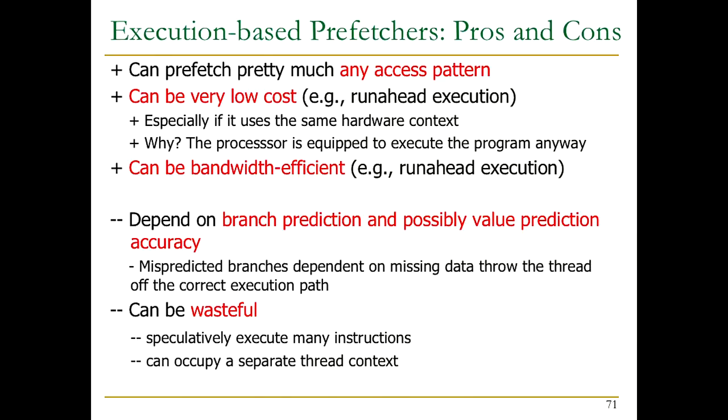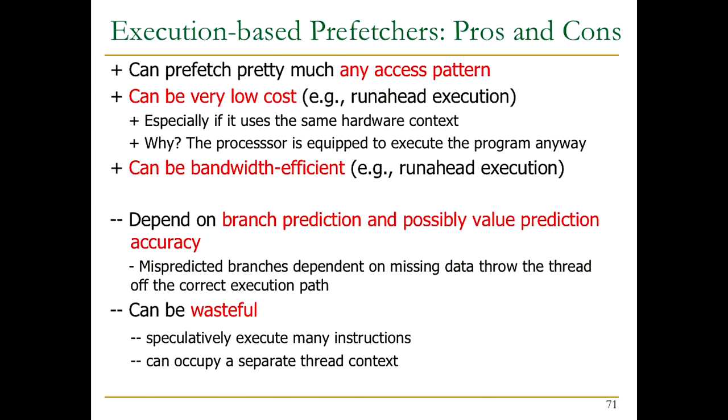Of course, this can occupy a separate thread context depending on how you do it, and usually it occupies a separate thread context. Remember, I talked about even Runahead execution can happen on a different thread context. That's how IBM Power 6 implemented it. They said, this single thread performance is important, and we're going to go into Runahead mode when we get a cache miss, so I'm going to use the thread context that is next to me in my multi-threaded processor.